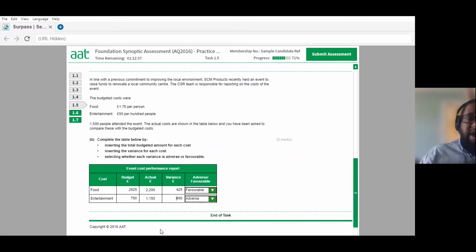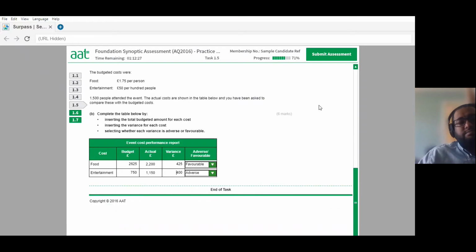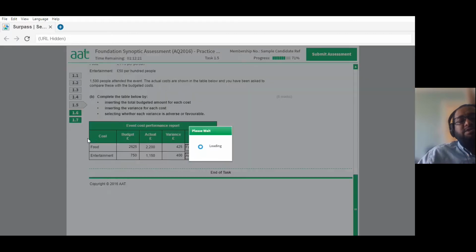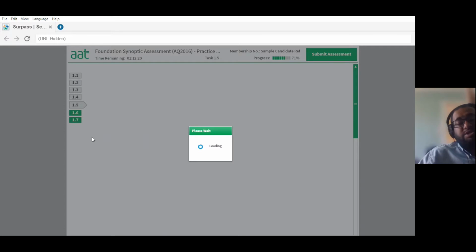But now I'm getting rid of the minus in the variance. The variance can always be positive, but whether it is adverse or favorable is the one you're going to make a decision on. So that's the end of the task. You have two more. Let me go into 1.7 first. Let's come back to the other questions later.